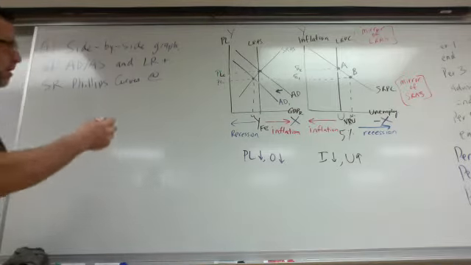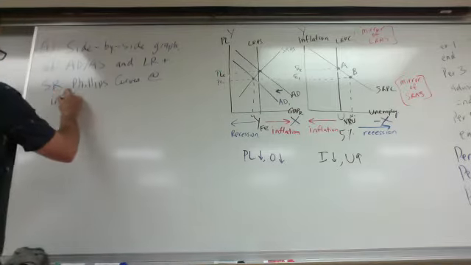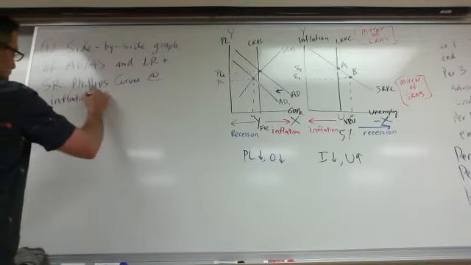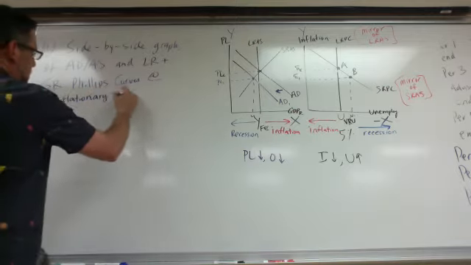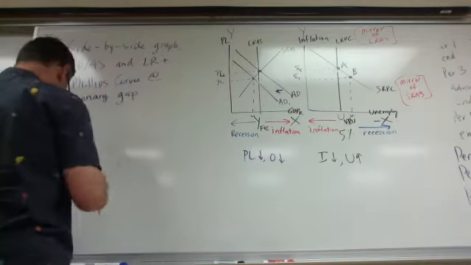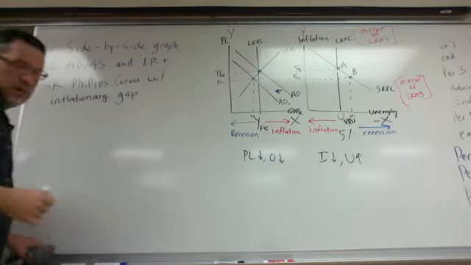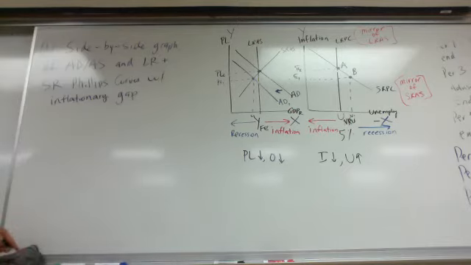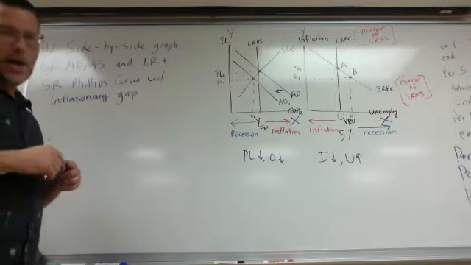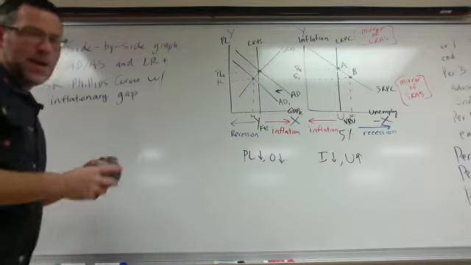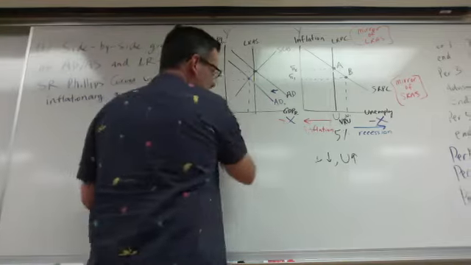And I want you to start at an inflationary gap. So you should start working on that, and then I'll have a follow-up question that goes along with it as well.